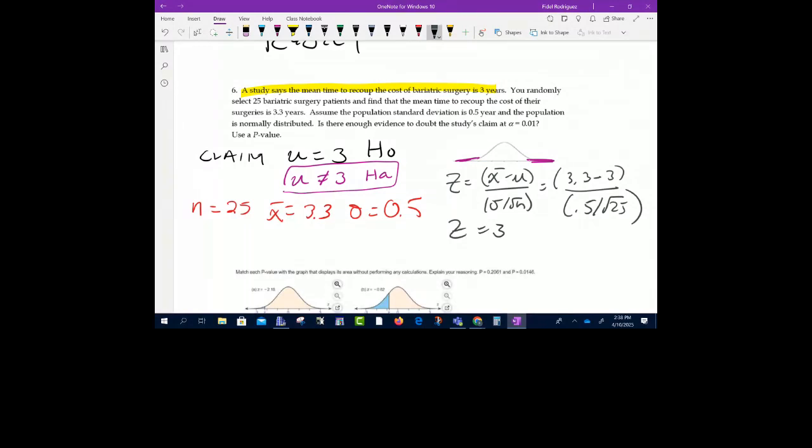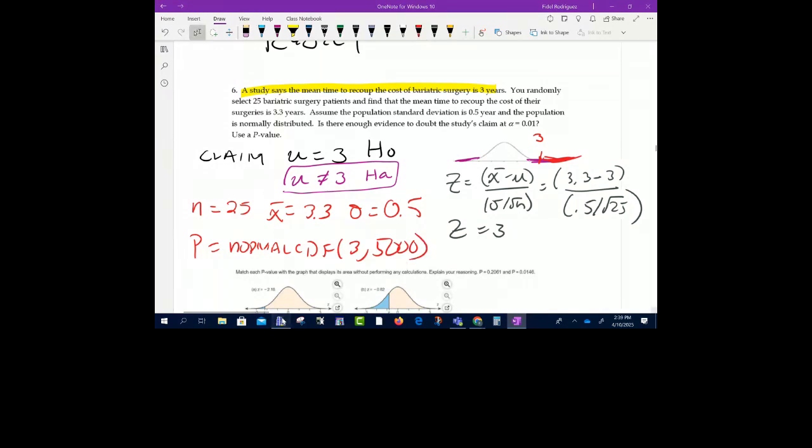Okay, so look, y'all, right here is 3. Let's find that area to the right. If we're going to find the area to the right so that we can get our p-value, everybody agree we're going to go from 3 to 5,000?